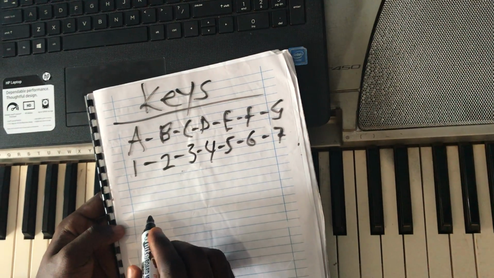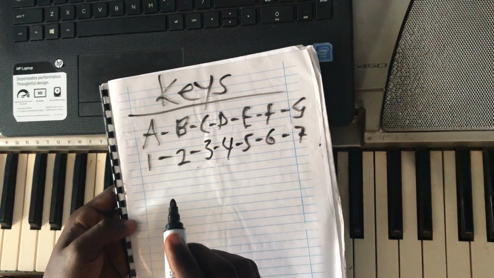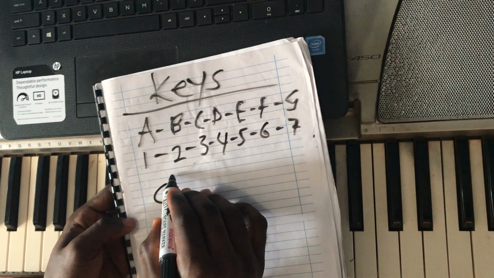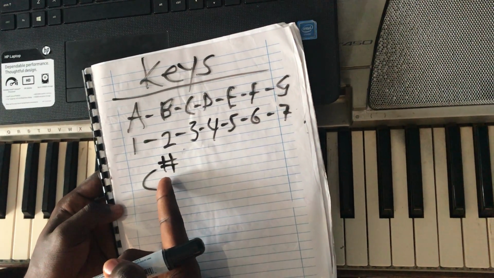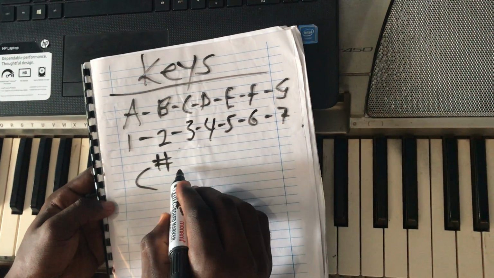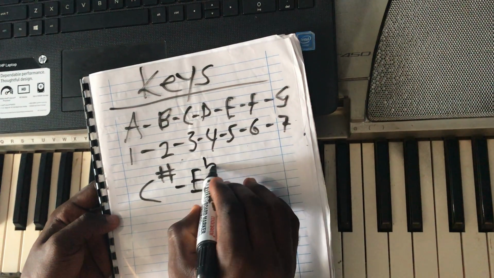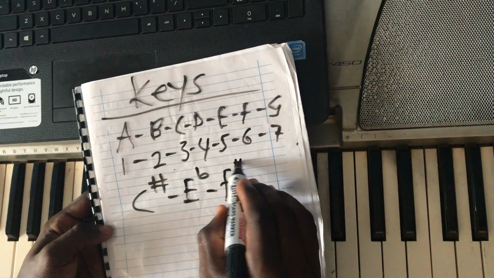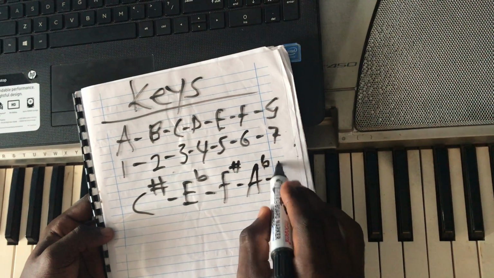So the minor ones, we used to call them by their respective major notes. So we have C sharp, and this is the symbol for sharp. The minor ones are C sharp, E flat, and this is the symbol for flat, it's like a small b. And then we have F sharp, A flat, and then B flat.